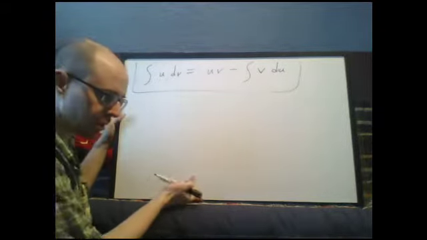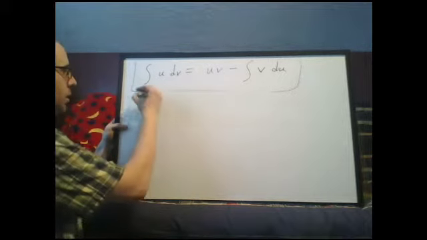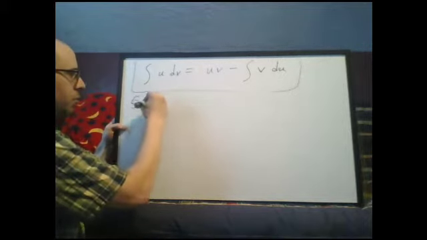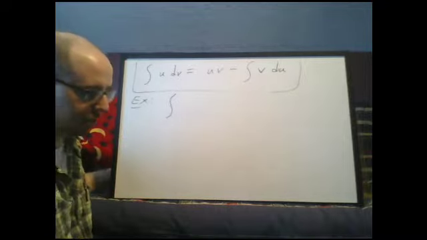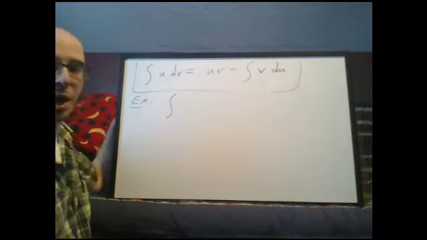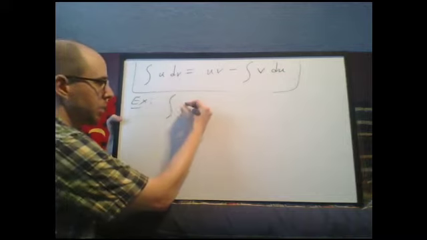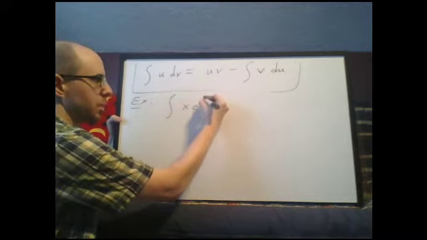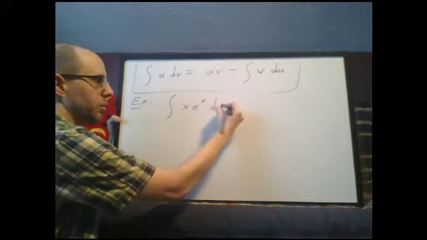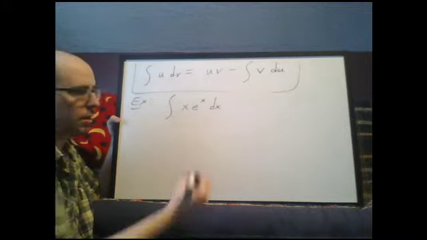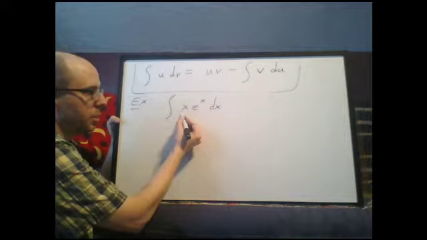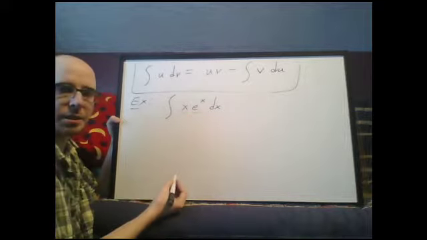So let's do a simple example just to illustrate how this works. We use this primarily in situations where we're trying to integrate a product. Let's do this example: the integral of x e to the x dx. So I've got an integral of x times e to the x. There's a product.